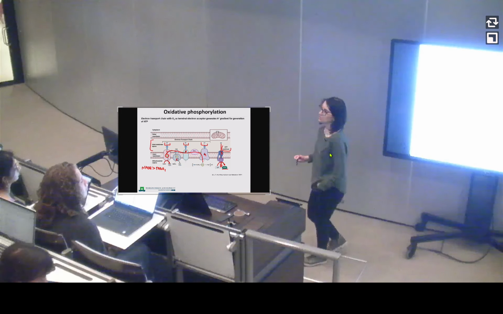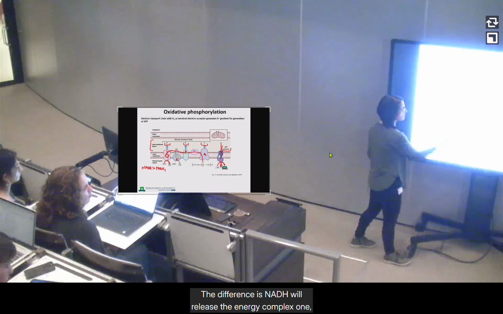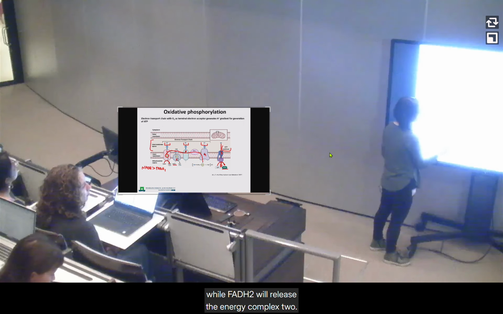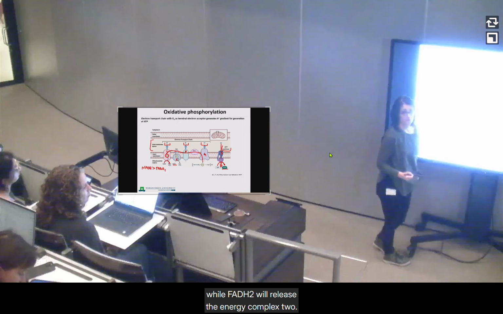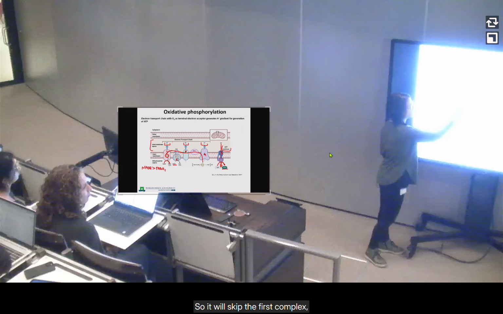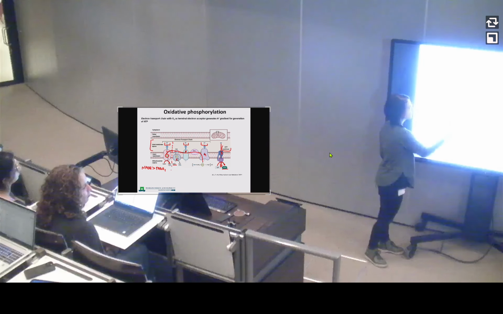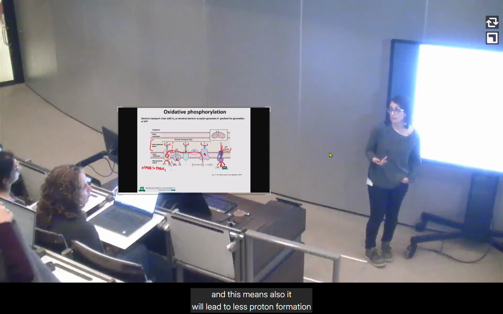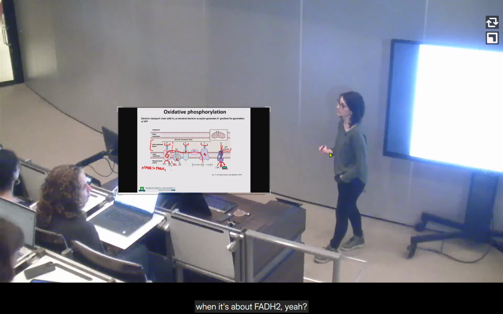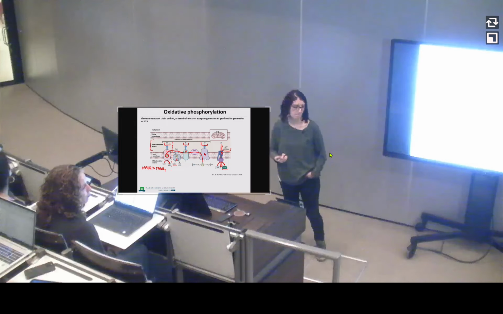Yeah? The difference is NADH will release the energy at complex 1, while FADH2 will release the energy at complex 2. So it will skip the first complex, and this means also it will lead to less proton formation when it's about FADH2. Yeah?